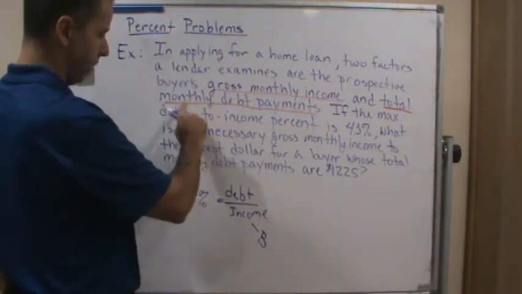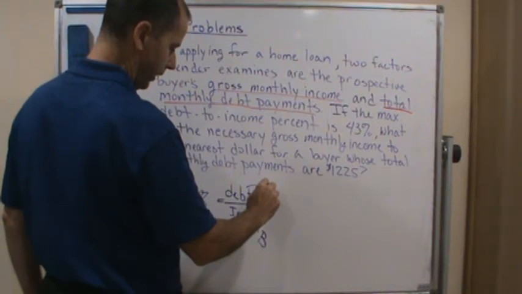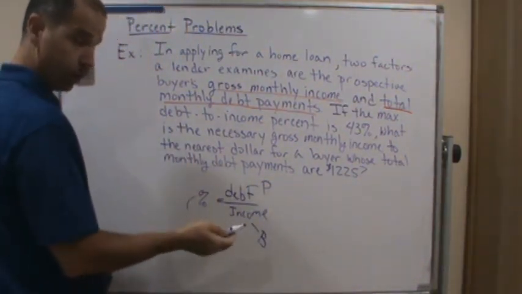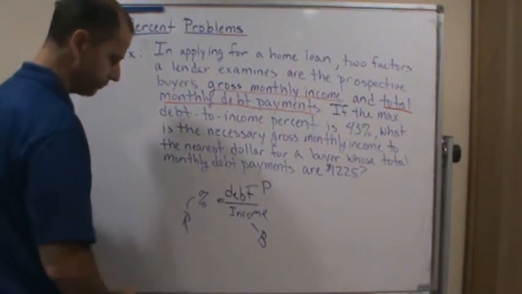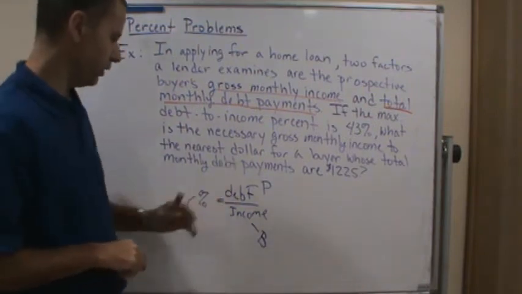The total monthly debt payments is your portion. And of course, the debt-to-income ratio or percentage is the rate. And so we see it has the same form as the formula that we've been using. This is what we need to use in order to answer this question.